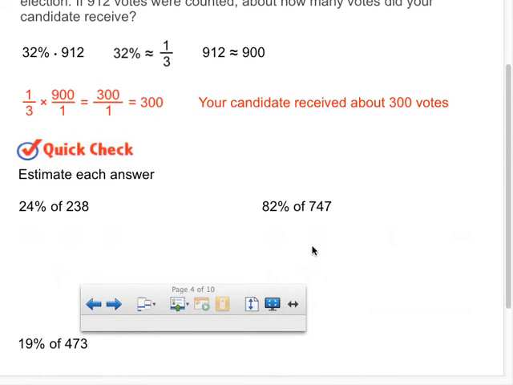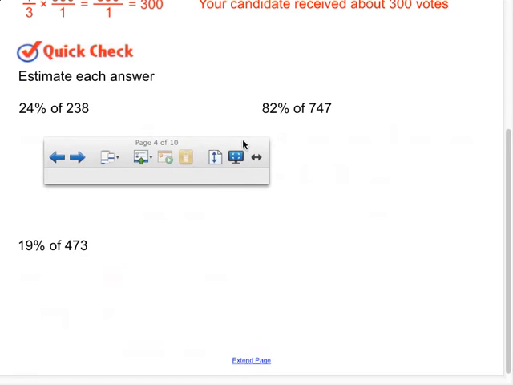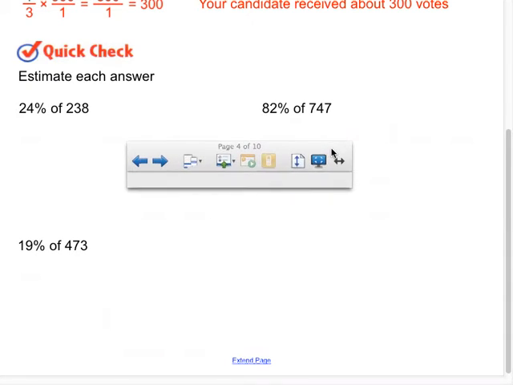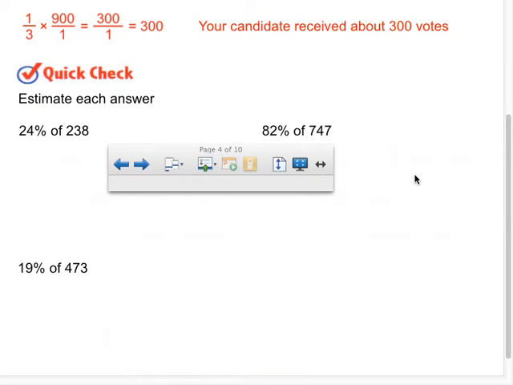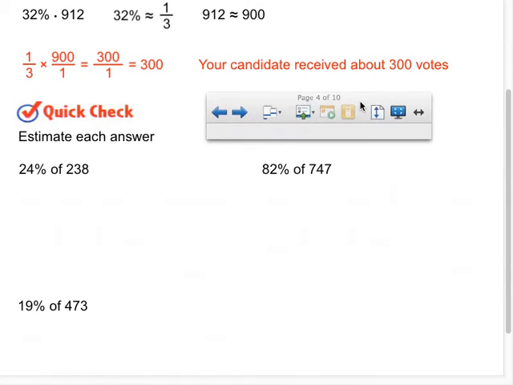All right, so now I want you to see if you can use the same trick for these examples right here. Estimate, come up with an approximate. I'm showing you right here what I did up above. So see if you can work these out. Work these out on paper so you have them. Mentally, you're going to forget about it as soon as you walk out of this classroom. Have it in your notes. Write it out.